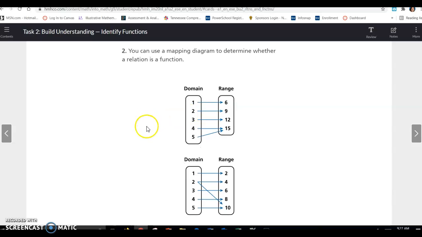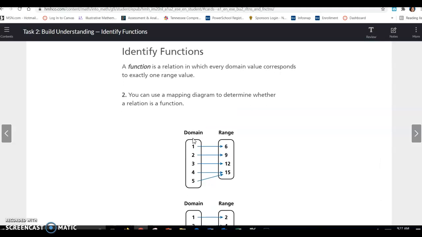Just a minute ago we looked at task 1 and we determined that these make up ordered pairs. And we know that each element in the domain has to be unique in order for it to be a function. A function is a relation in which every domain value corresponds to exactly one range value.